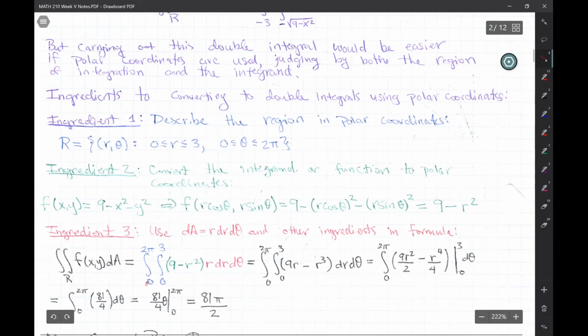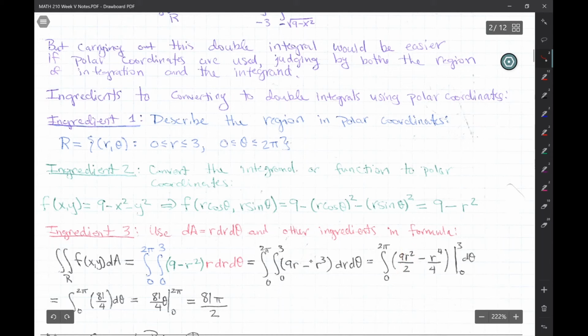And once we have set up the integral, the rest is a piece of cake. You just integrate r as a normal variable. Okay, so what's the integral of r cubed? Well, it's r to the 4th over 4, and that's where you're getting this here. What's the integral of 9r? It's going to be 9r squared over 2, and that's what you see here.